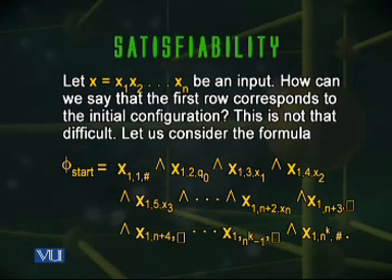Well, what does it mean when I say x_{1,1,#}? How can I satisfy this formula if x_{1,1,#} is ANDed with the rest of whatever comes in this formula? The only way to satisfy this formula is to make x_{1,1,#} equal to true.